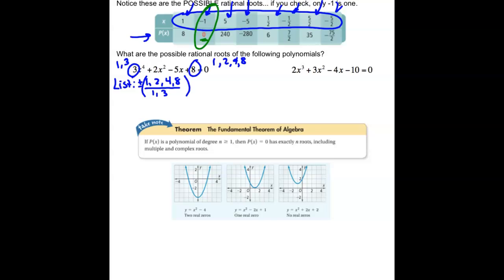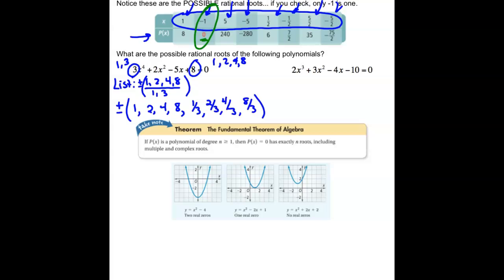So my list consists of positive and negative 1 divided by 1, 2 divided by 1, 4 divided by 1, 8 divided by 1, 1 divided by 3, 2 divided by 3, 4 divided by 3, and 8 divided by 3. So I have plus minus 1, plus minus 2, plus minus 4, plus minus 8, plus minus 1/3, plus minus 2/3, plus minus 4/3, and plus minus 8/3.